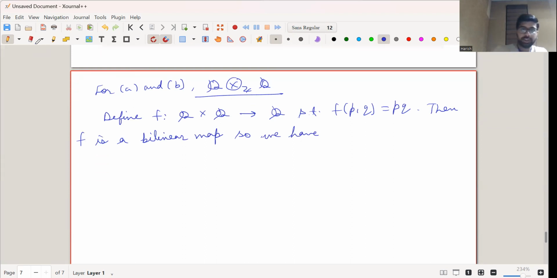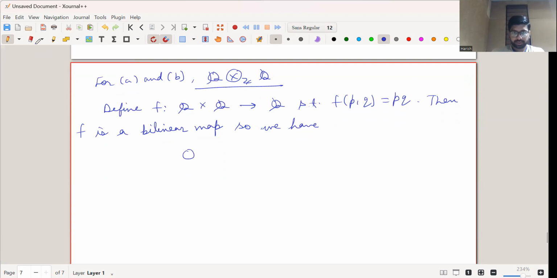So what's the situation now? You have Q cross Q to Q, a map F that is bilinear, and from Q cross Q to Q tensor Q, there always exists a map alpha that is also bilinear.